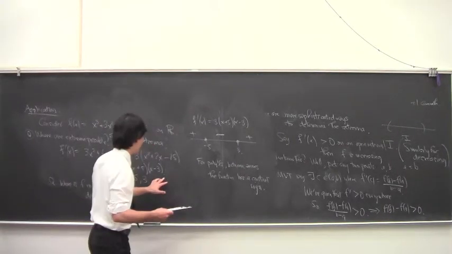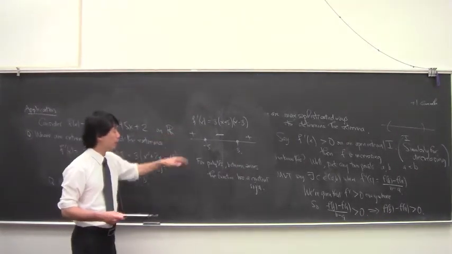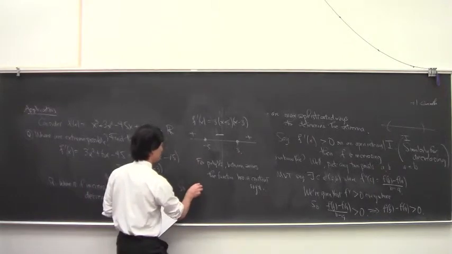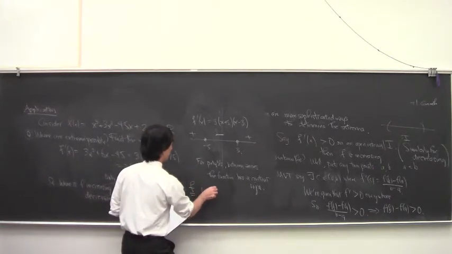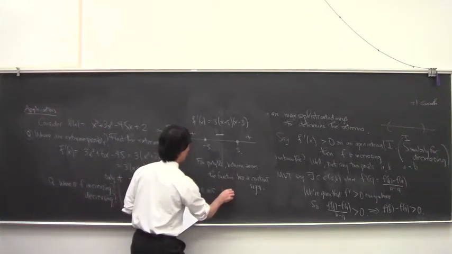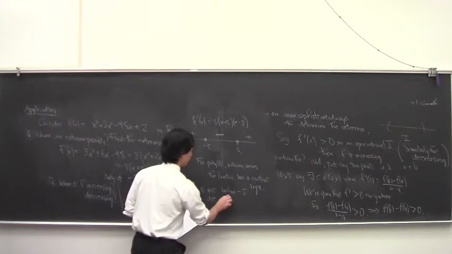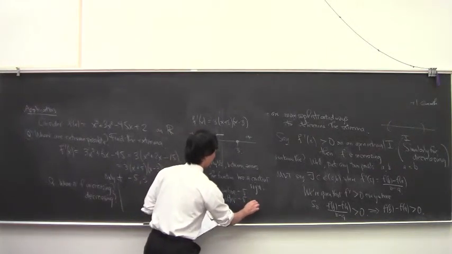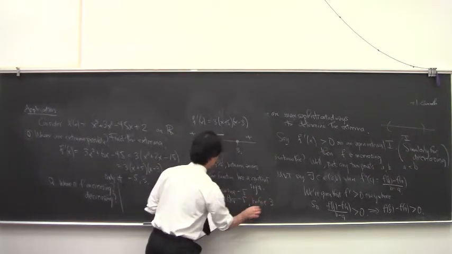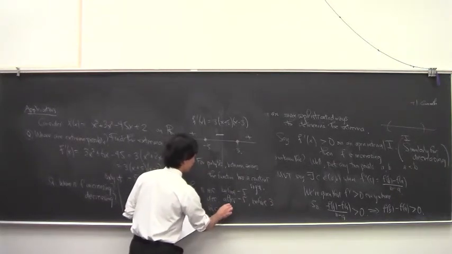Okay. In any case, that tells us where f, the original function f, is increasing before -5, decreasing after -5 and before 3, and increasing after 3.